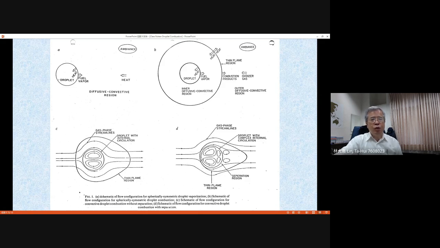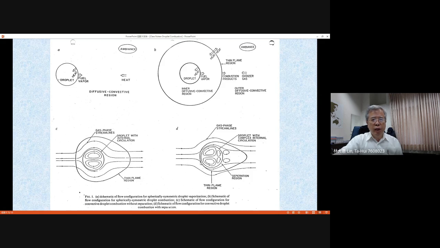That means extinction. And this phenomenon is very similar to the so-called blow-off of a diffusion flame, right? Originally, the diffusion flame of a droplet stabilized at the region of the stagnation point, but now it cannot stabilize here.